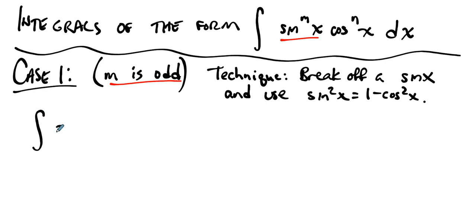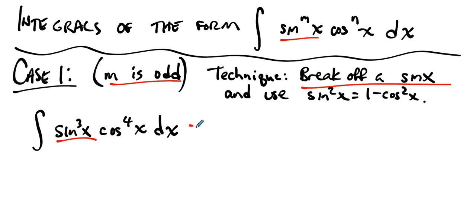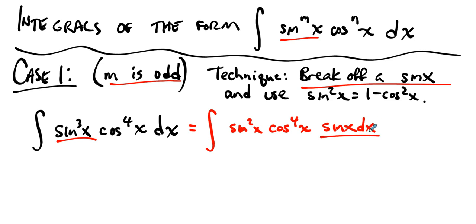Well, let's pretend, pull out the little red trolley and pretend that we want to integrate sine cubed of x cosine to the fourth of x. This is a situation where the power on sine is odd. So we're going to break off a sine x. That's going to leave us with a sine squared x. And then right out here, we're going to use sine x dx.